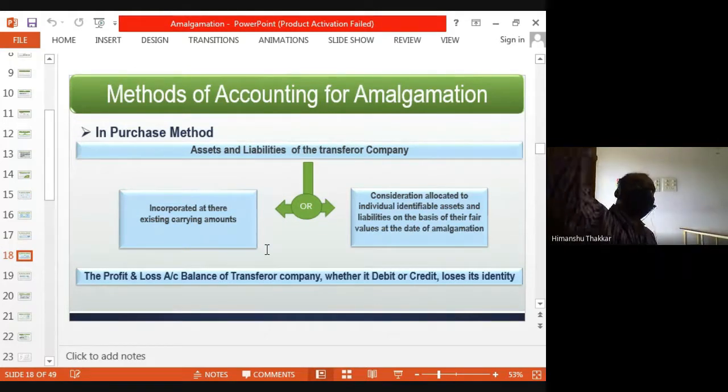But if they give you an adjustment, the market value of assets and liabilities, then you have to take them in the new balance sheet with the new values. Got it? So if not given, you take existing values, or if it is given in the sum, you take the new values of assets and liabilities to be transferred to the new balance sheet. You're not just pooling, you're looking at the changes also. This is the purchase method, not the pooling of interest method. Getting it, all of you?